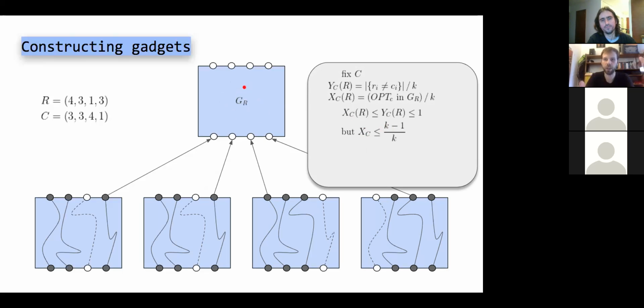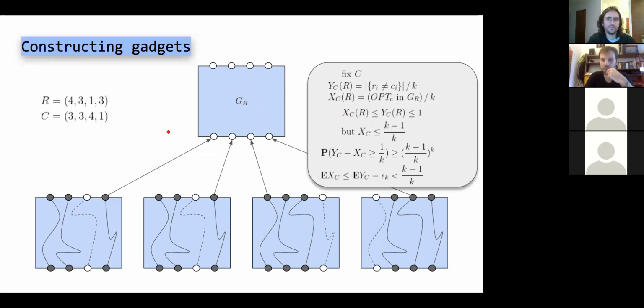We cannot satisfy everybody in here. But if we are lucky, the y of c can be as large as 1, like in the example right now.